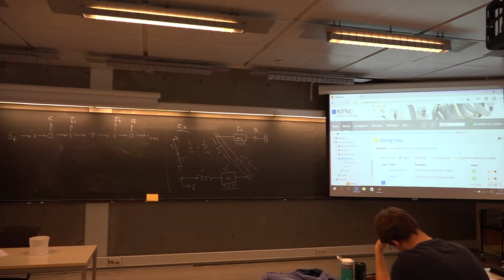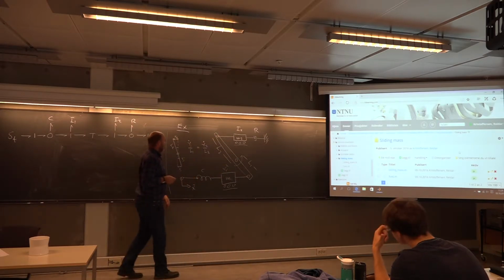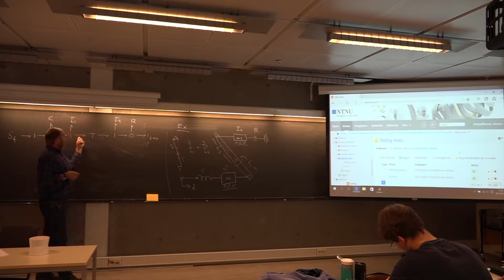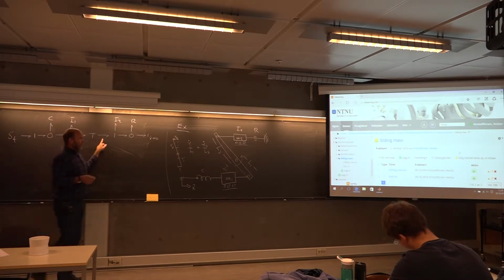What's the value of the modulus of this transformer? Well, now I went from down here to up here. So I know the velocity here. What's then the velocity on the other side?